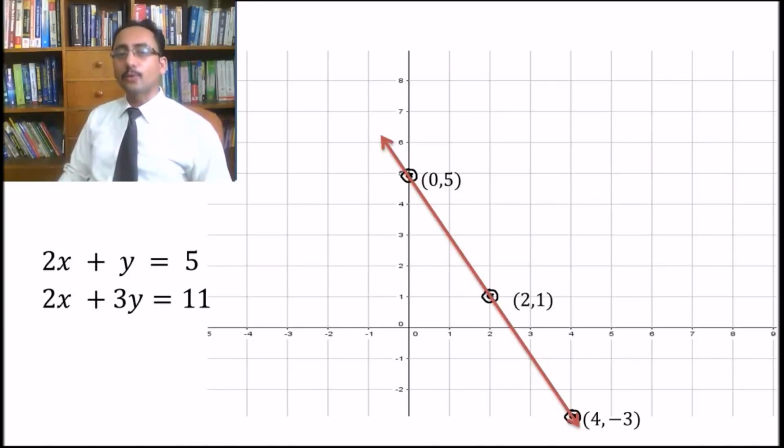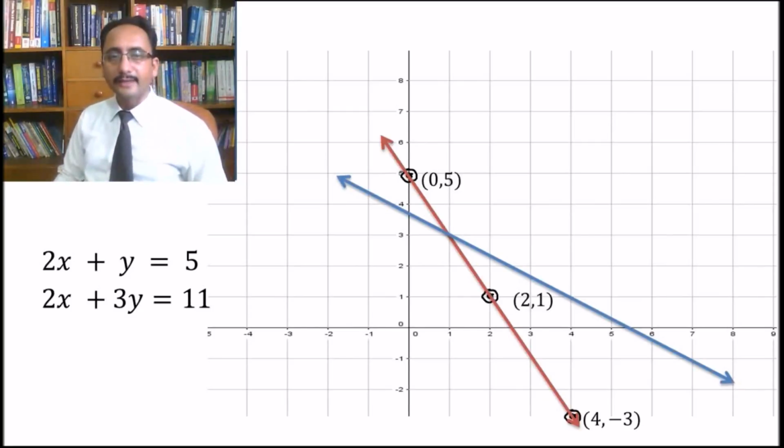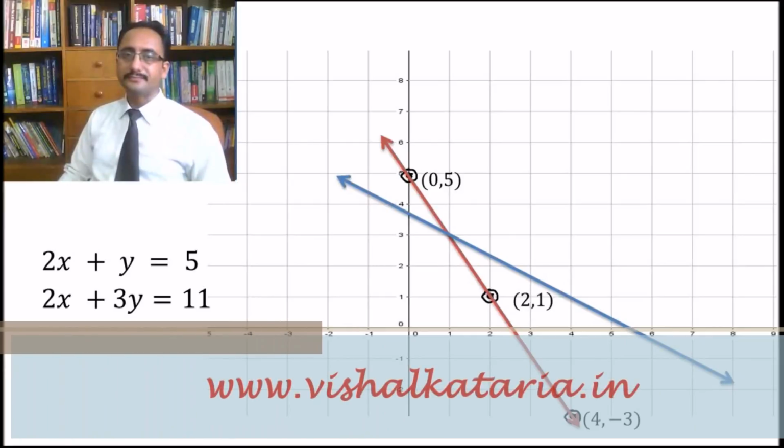Now what if we have one more equation? Suppose another equation is given to us, which is 2x + 3y = 11. If I draw a line for the second linear equation in exactly the same way in the same Cartesian coordinate system, this blue line represents 2x + 3y = 11.